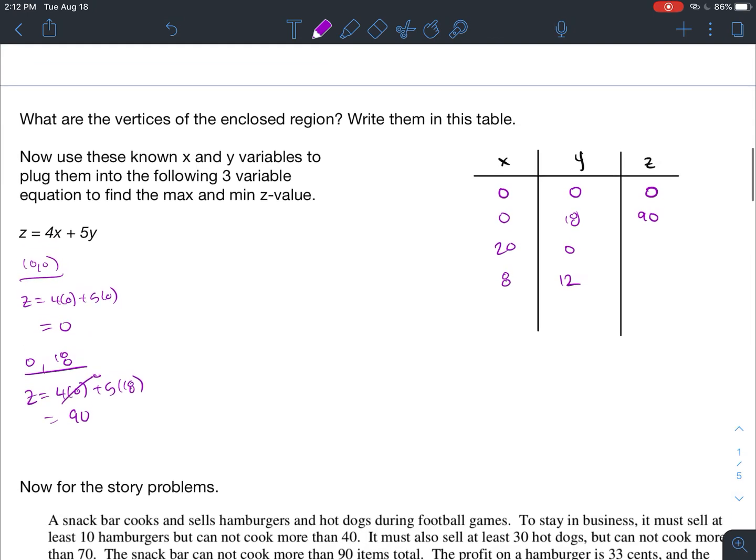Now let's try 20 and 0. Let's plug that in. z is equal to 4 times 20 plus 5 times 0. That's 0, so z is going to be equal to 80.